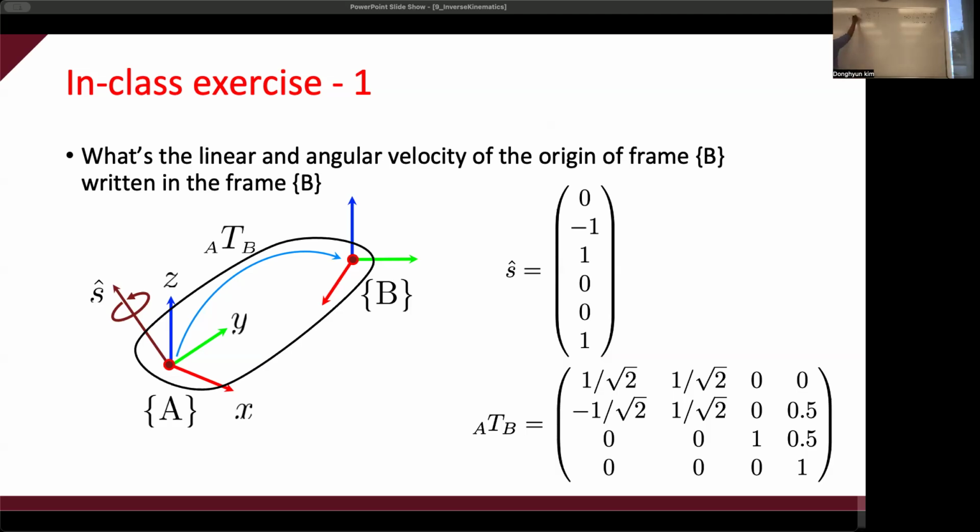So here we need B to A. So we need to take a transpose of this, and multiply with 0, -1, 1. Here we got 1 over square root 2 and -1 over square root 2.